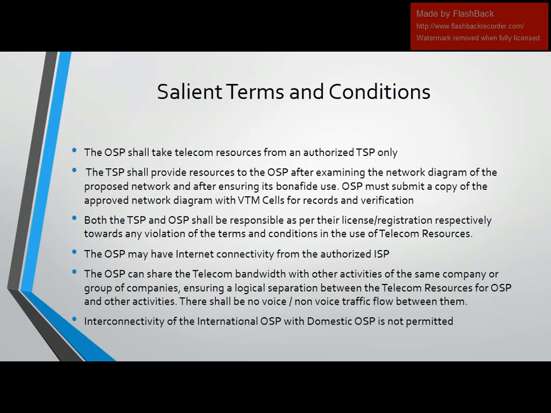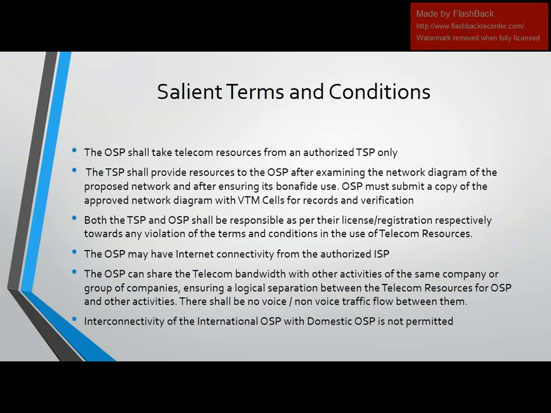The TSP shall provide resources to the OSP after examining the network diagram of the proposed network and after ensuring its bona fide use. The OSP must submit a copy of the approved network diagram with the VTM cell for record and verification.